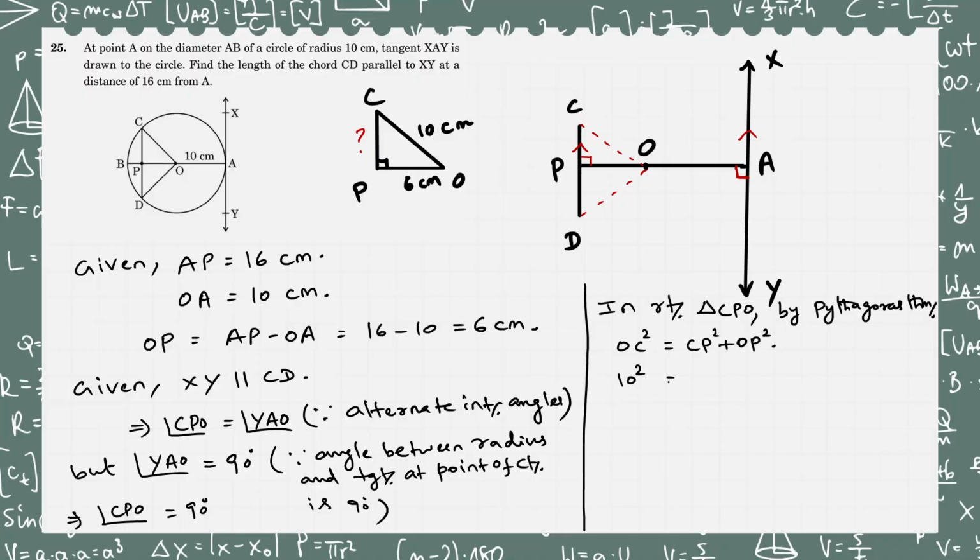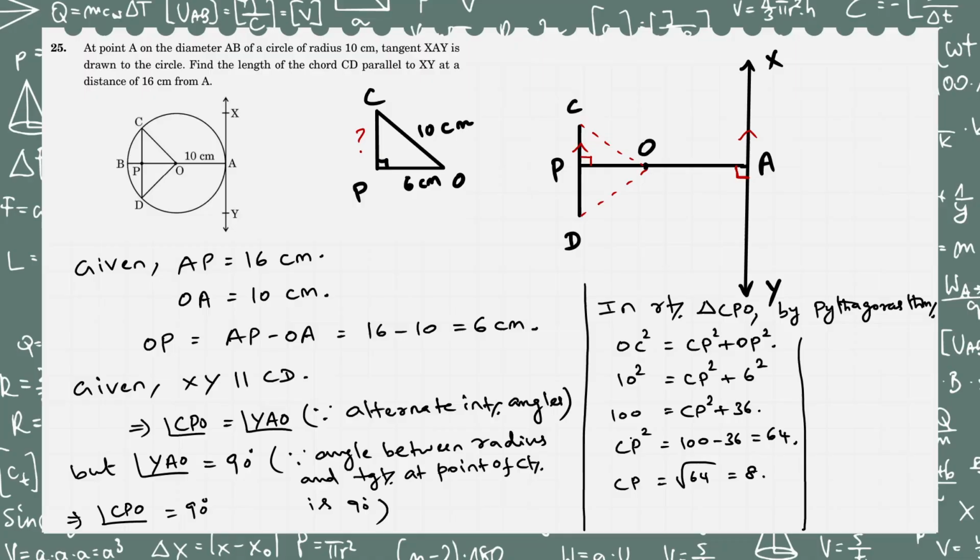So 10 square equal to CP square, which is unknown, plus 6 square. So 100 equal to CP square plus 36. So CP square will be 100 minus 36, which is 64. So CP will be root of 64, which is 8. Not plus or minus 8. This is the length. So just plus 8 only.